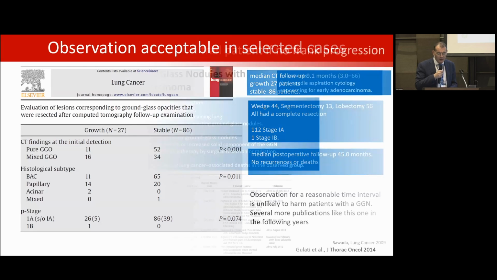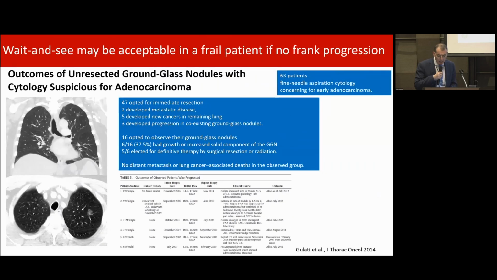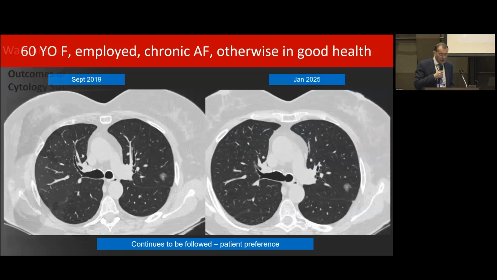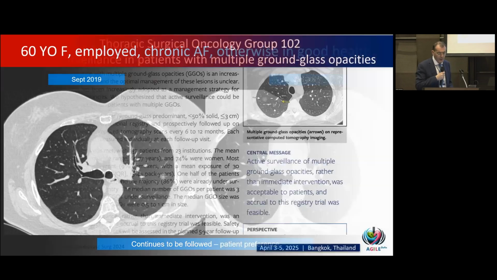It has been repeated again and again, and sometimes we use this. If the patient is reluctant to undergo surgery, we don't push a lot. You can see this patient has been stable for 5 years, but maybe she knows that one day she will receive surgery, but no hurry for the time being.